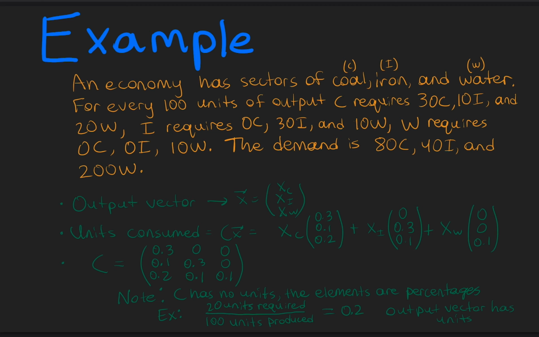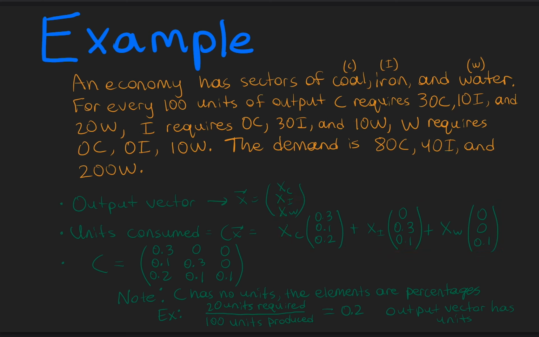Okay, so let's look more into what the vectors and the consumption matrix actually look like for this problem. Our output vector is going to be x, and there are three sectors, each represented by a particular element in this vector. We have coal, iron, and water. Here's our consumption matrix. Once you multiply this by the output vector, you get this kind of format here.